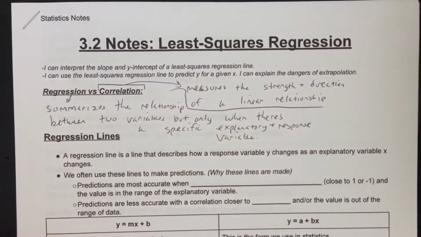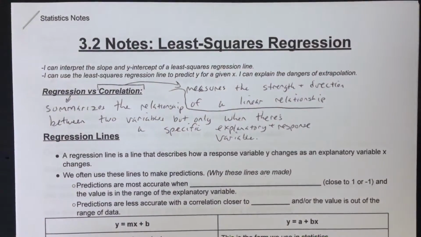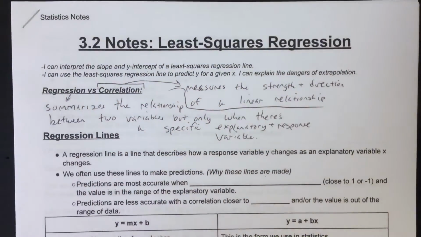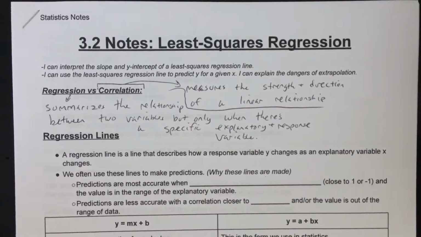So this one's a little more specific. This one has some kind of relationship going on in terms of what causes the other variable. Correlation is strictly just a bare bones, black and white measure of strength and direction of a linear relationship. Sometimes students use them interchangeably, but they do have slightly different meanings.